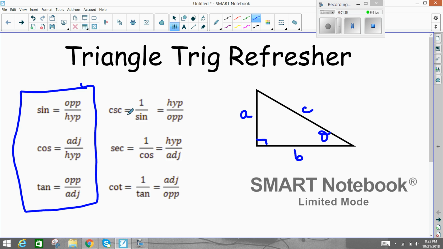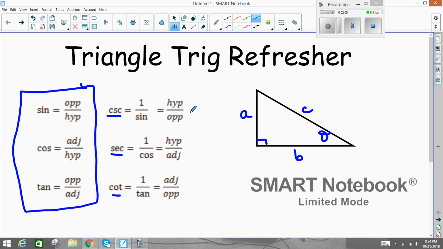Now, something that you probably did not learn in geometry is that there are reciprocal functions for each of these trig functions here. The reciprocal of sine is cosecant, so we could think of cosecant as 1 over sine. The reciprocal of cosine is secant, so we can write secant as 1 over cosine. And cotangent is equal to 1 over tangent.